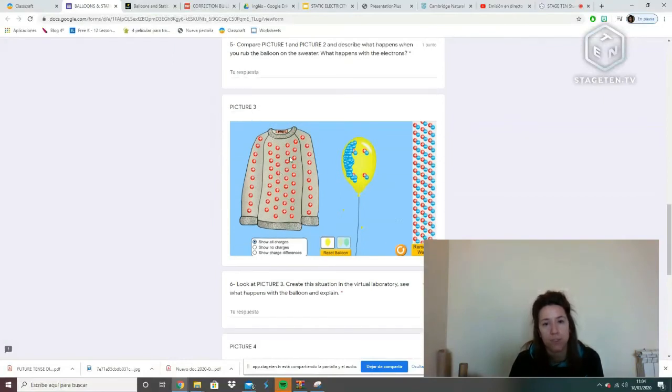We continue with the third situation, picture 3. All right. So I'm going to reproduce this situation because it says look at picture 3, create this situation in the virtual laboratory, see what happens with the balloon and explain. So I'm going to reproduce the situation. The sweater positively charged, the balloon negatively charged, and the wall neutrally charged.